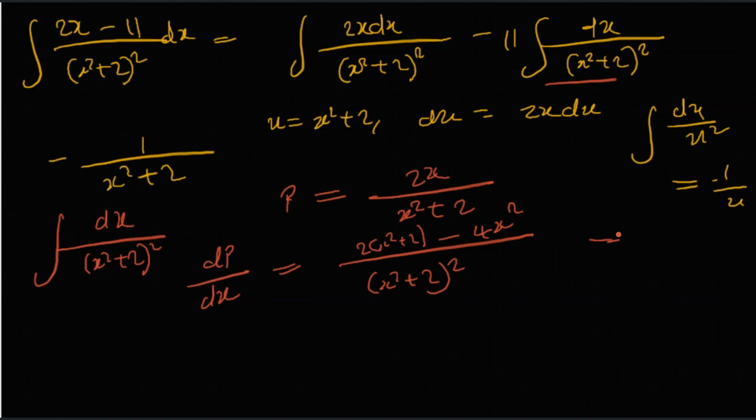That would be 4 minus 2x squared, right? So that will be 4 minus 2x squared all over x squared plus 2 all squared.